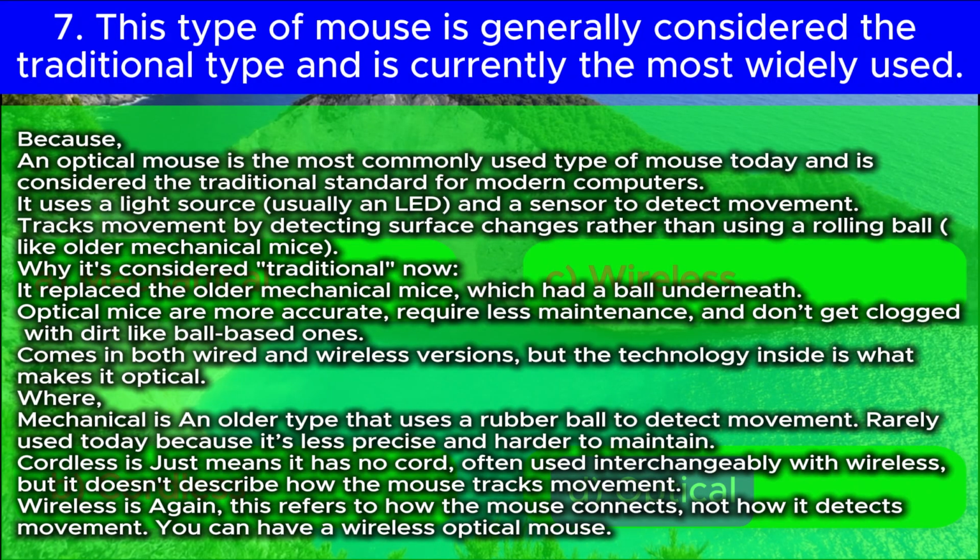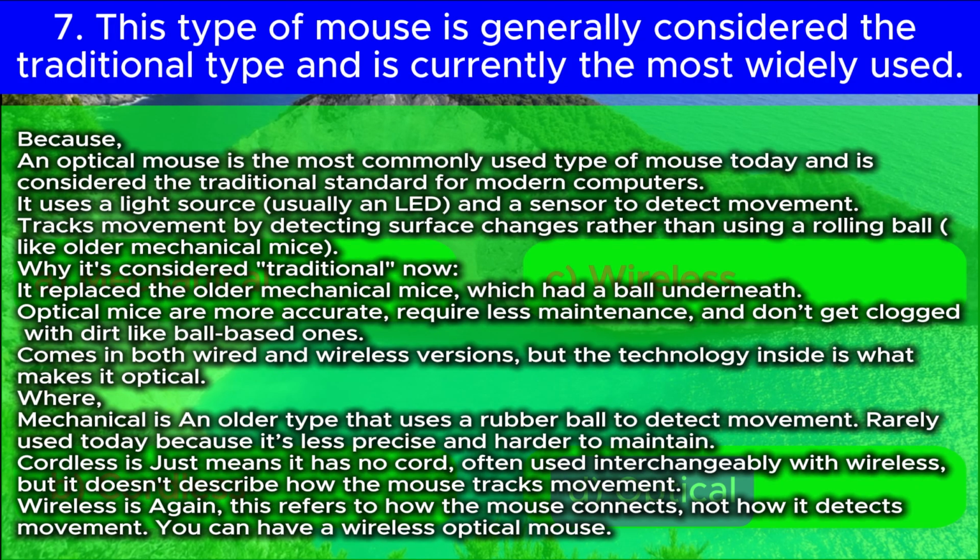Because an optical mouse is the most commonly used type of mouse today and is considered the traditional standard for modern computers. It uses a light source, usually an LED, and a sensor to detect movement. It tracks movement by detecting surface changes rather than using a rolling ball, like older mechanical mice.